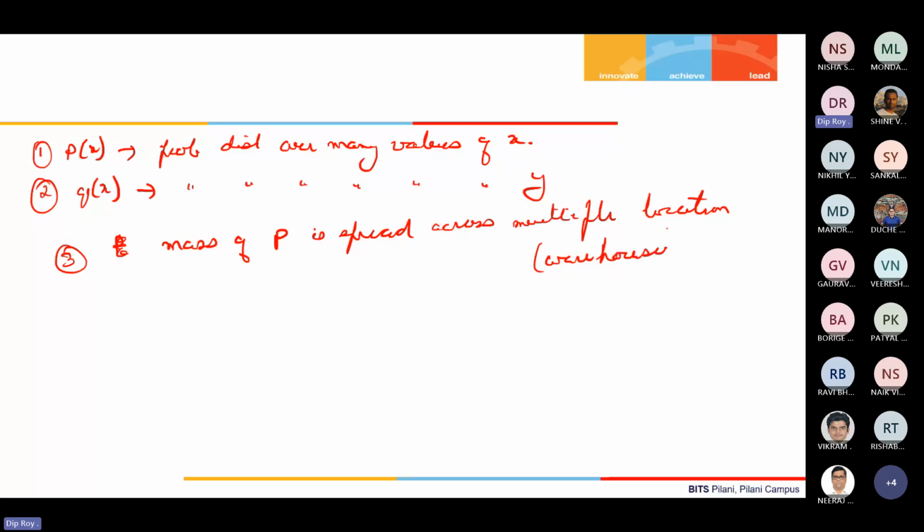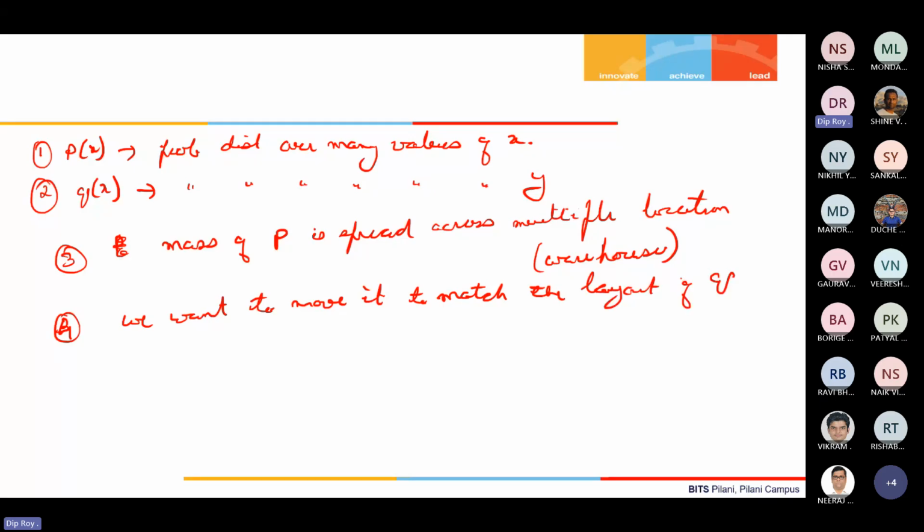And what we want to do is move it to match the layout of Q. And when I say Q, just consider that these are stores.